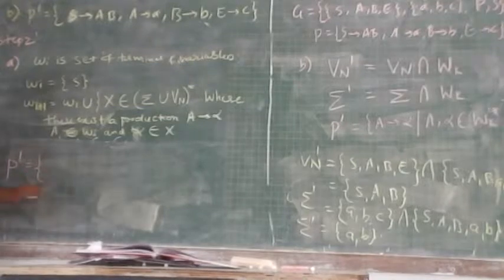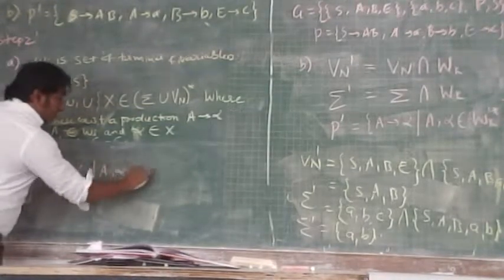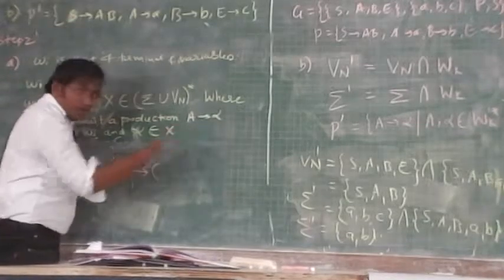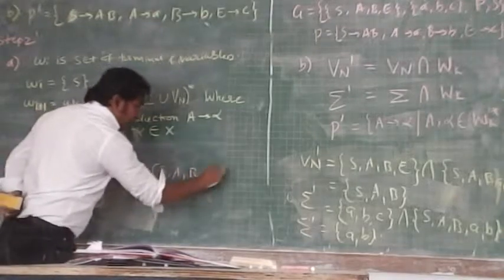What is Wk? Wk is SAB, small a, small b.